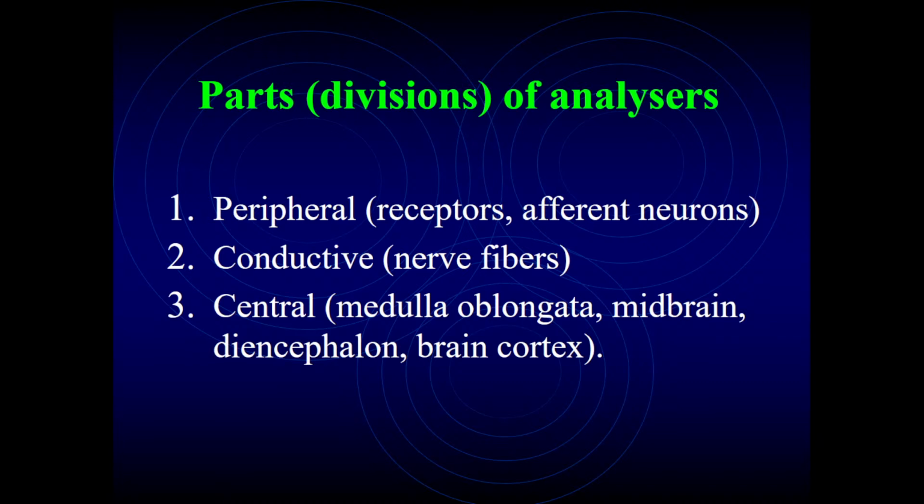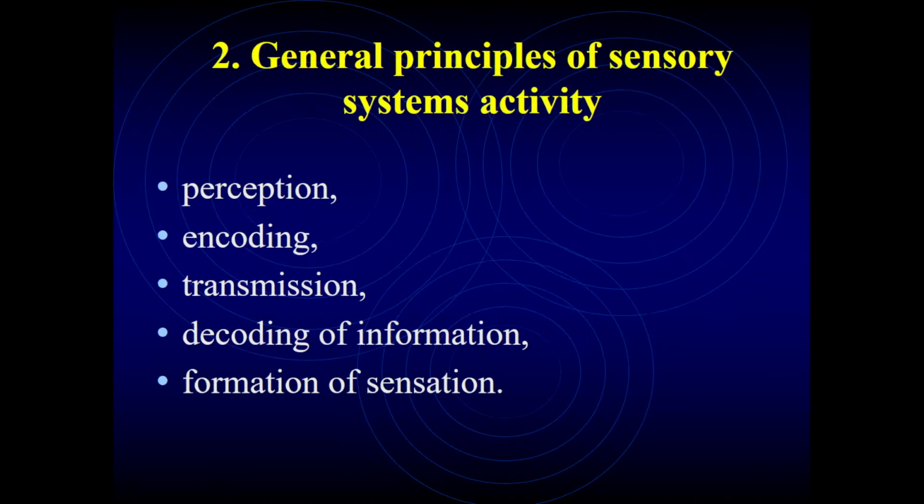What about general principles of sensory systems activity? There are perception, encoding of information, transmission of information, decoding of information, and last one is formation of sensation. Perception is the process of selecting and identifying information from the environment.